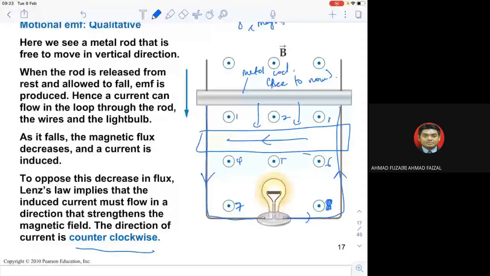Lenz law is the method to determine the direction of the induced current. Because when current is induced in the loop, you need to know which direction the induced current flows. So it is very good to understand that.